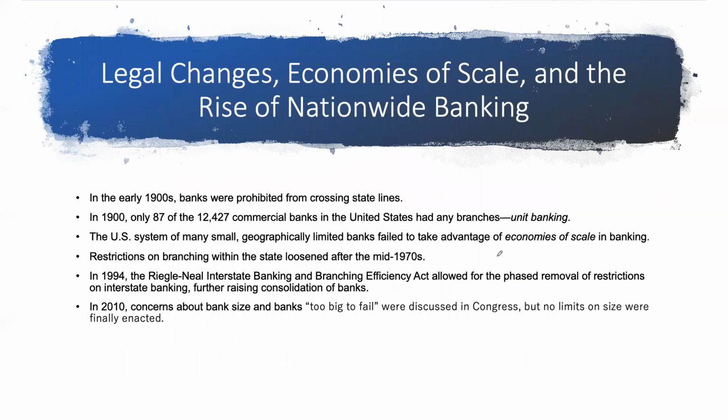So in the early 1900s, if you think about the history here, most banks were prohibited from crossing state lines. This was to make sure that banks were rooted in their community. This is a time when credit scoring is not a widespread phenomenon. There's no credit scoring mechanism.